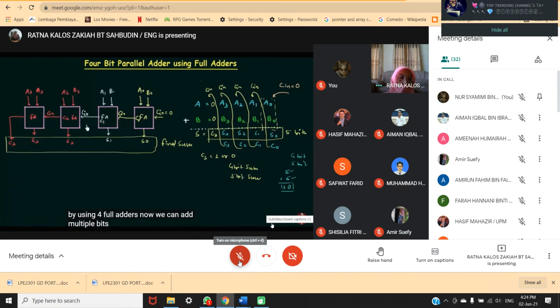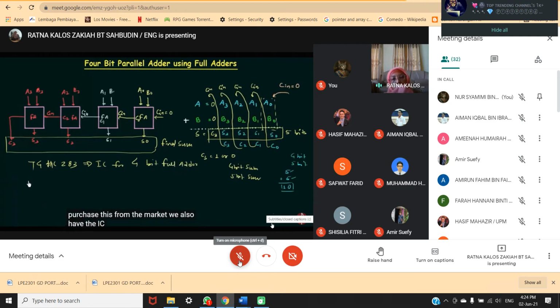Now we can add multiple bits also. This comes in an IC package, and the IC is 74HC283. 74HC283 is the IC for 4-bit full adder. You can purchase this from the market.